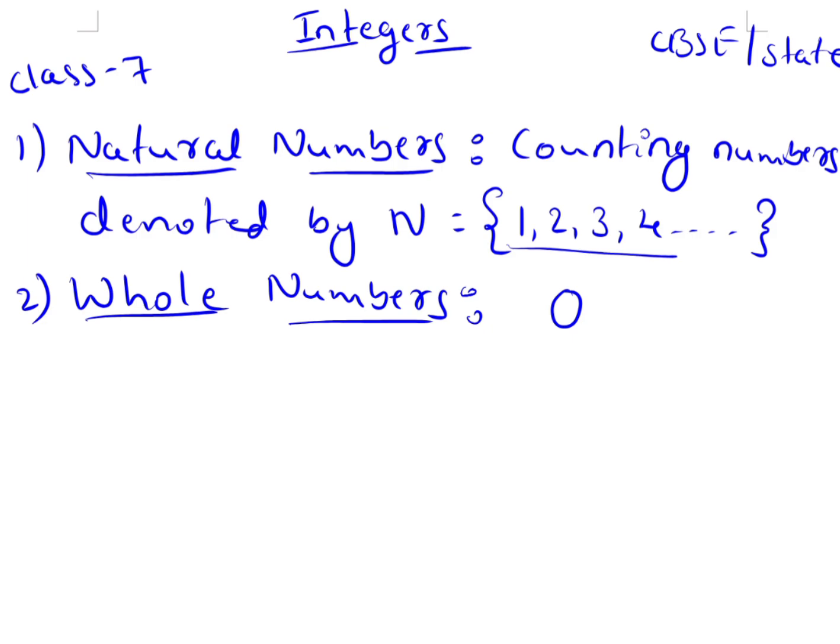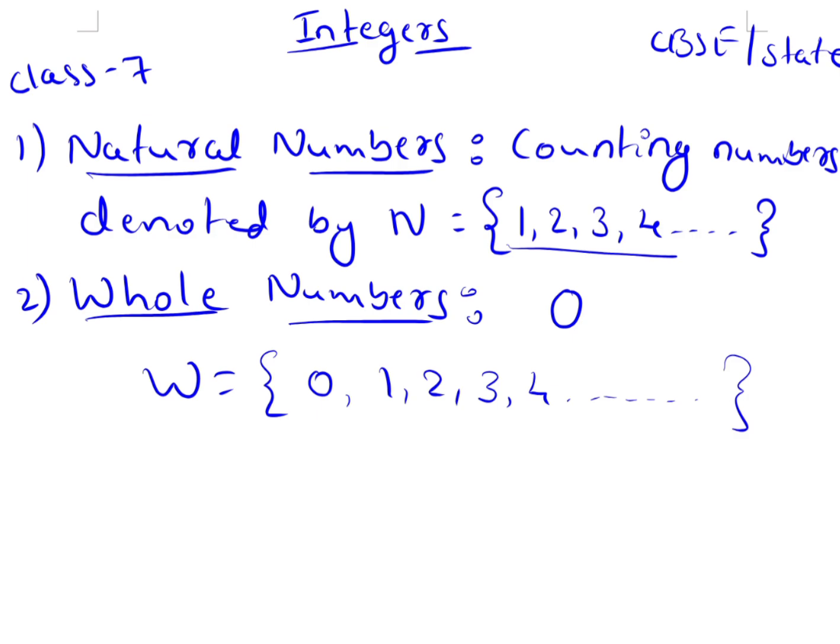Including the 0, the set of natural numbers is called whole numbers, and it is denoted by W. The set is 0, 1, 2, 3, 4 and so on. The collection of natural numbers along with 0 is called the set of whole numbers.